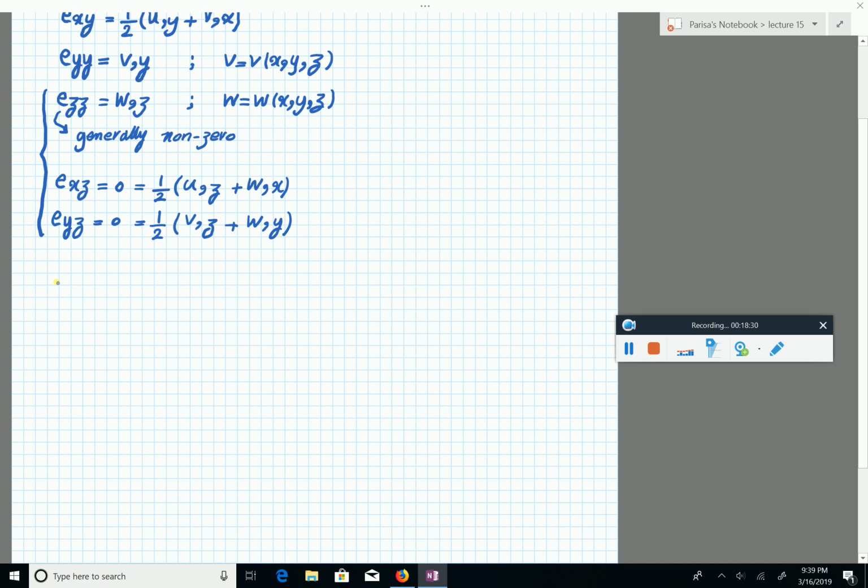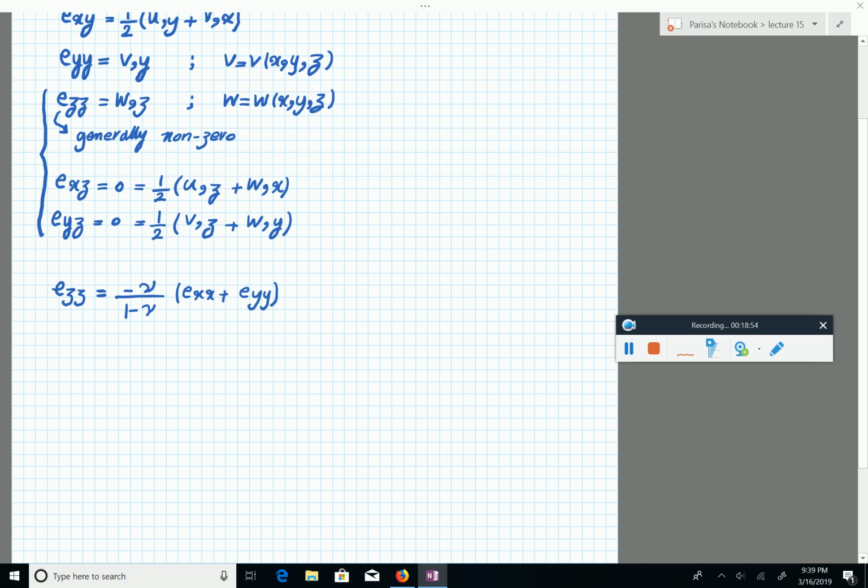Okay, let's start with a simple one, Ezz. Well, recall that Ezz we could write as a combination of Exx and Eyy multiplied by elastic constants.